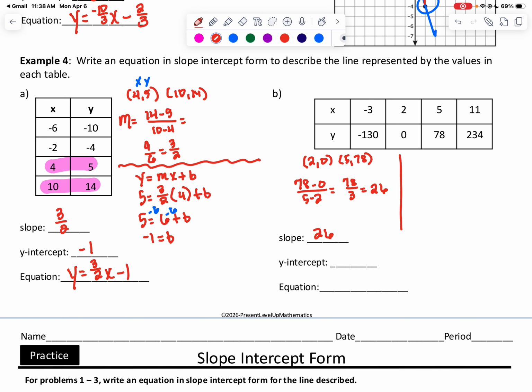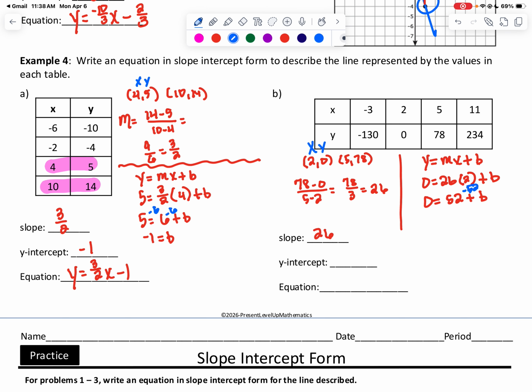Then I used my formula y equals mx plus b to find my y-intercept, and I decided to use the 2, 0 as my friendly point. So 0 equals 26 times 2 plus b. So 0 equals 52 plus b.